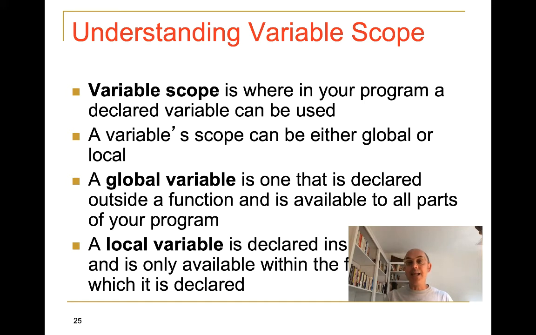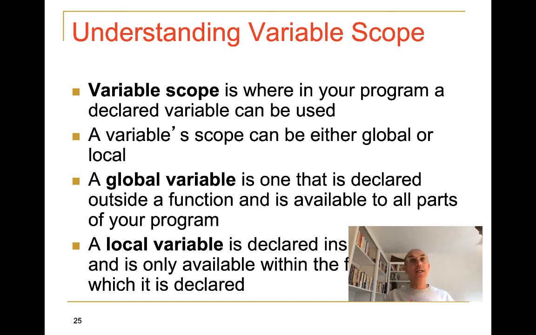So understanding variable scope: scope is where your program can use a variable. A variable scope can be either global or local. And here is my definition of global. A global variable is one that is declared outside the function and it is available to all parts of your program.